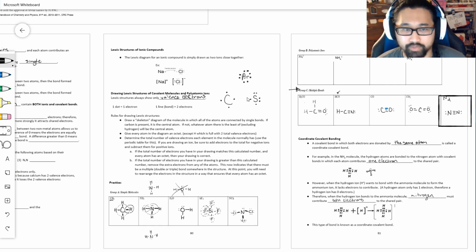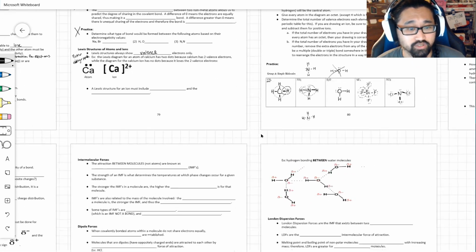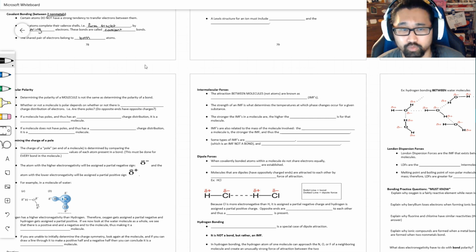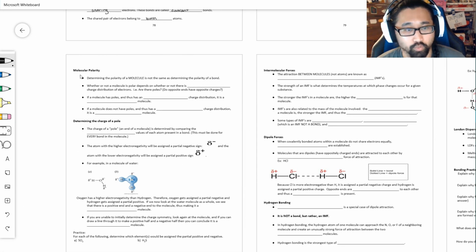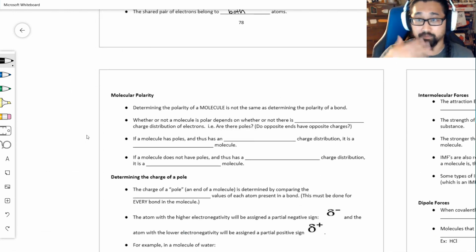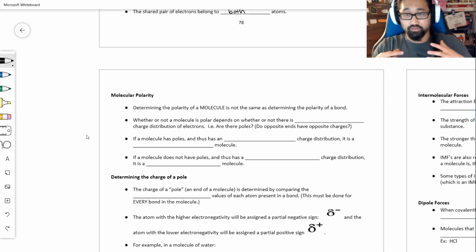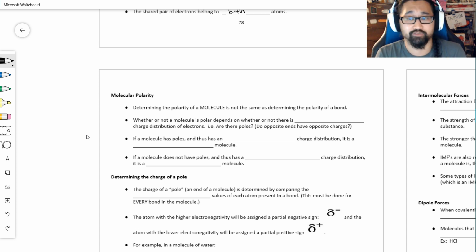Again, I will double back to the ions and the rules for ions, but right now, covalent bonding is much more interesting, and covalent bonding has a couple more relations to what we call molecular polarity, right? We talked a little bit about polar and nonpolar for an individual bond, but the whole molecule can also have a polarity.